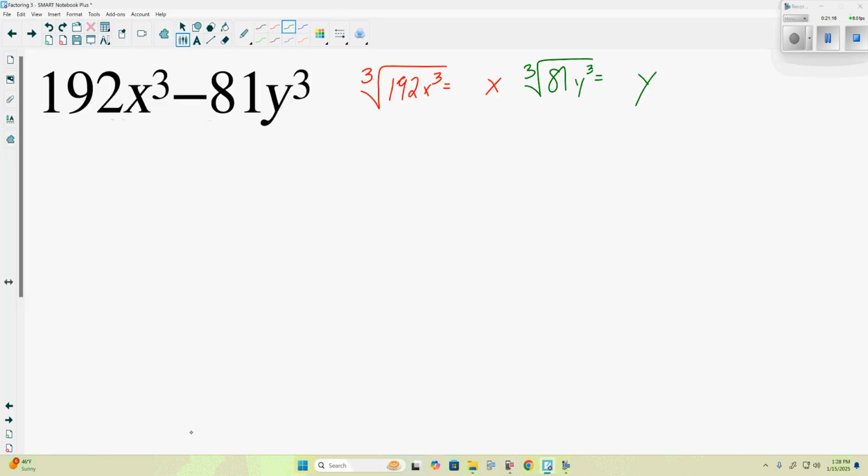So these two numbers have a greatest common factor of what? 3. So if we take 3 out of 192, we have 64x cubed. We factor the 3 out of 81, we have 27y cubed. So sometimes we've got to take that greatest common factor out to get what we need.